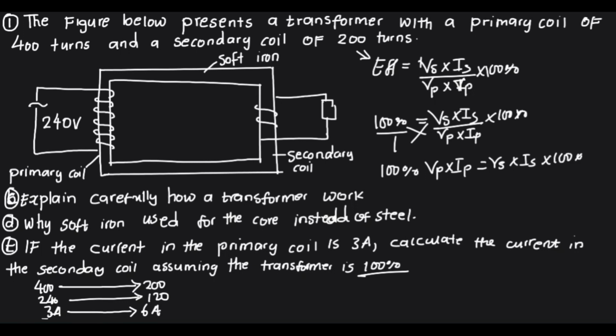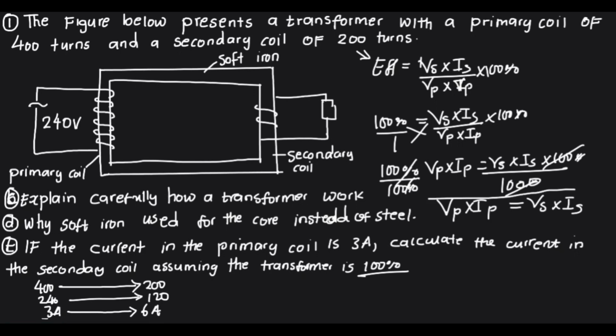You can see that if we divide both sides by 100%, you are going to get this formula. So this formula can only be used if a transformer is 100% efficient.